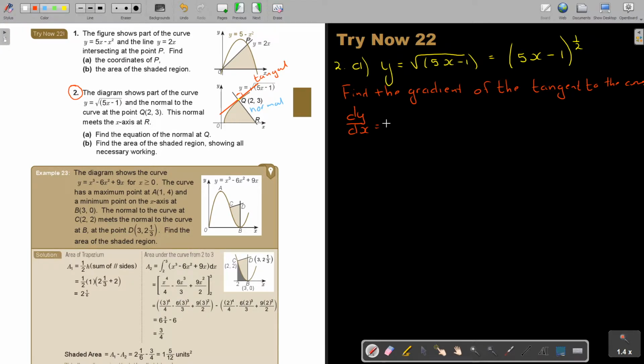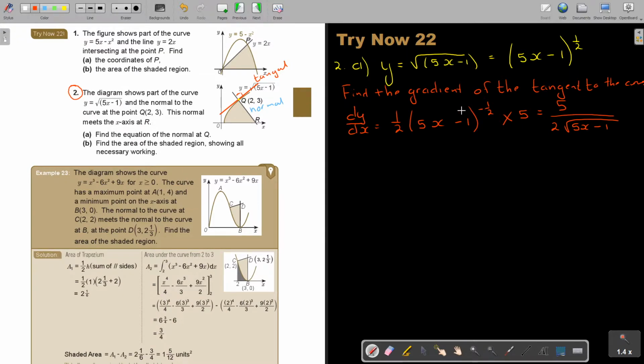So differentiate outside, rewrite the bracket, subtract 1, so it's minus a half, multiply, differentiate the inside of the bracket. So what will I get? I will get 5 over, and I will get 5x minus 1. That will be my answer.